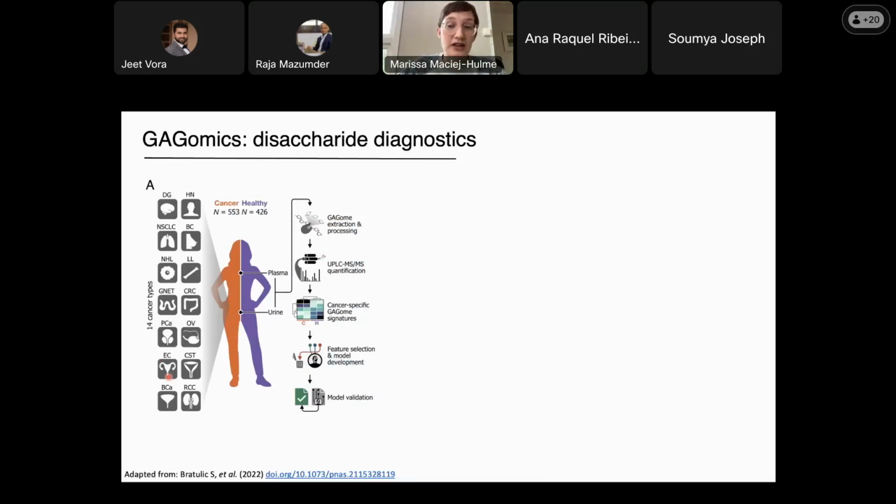In fact, last year, a group, Bratulik and colleagues, published an intriguing paper on disaccharide GAGomics using a commercialized kit investigating the early detection of cancer using non-invasive plasma and urine samples.